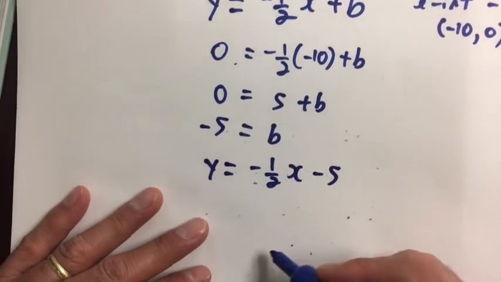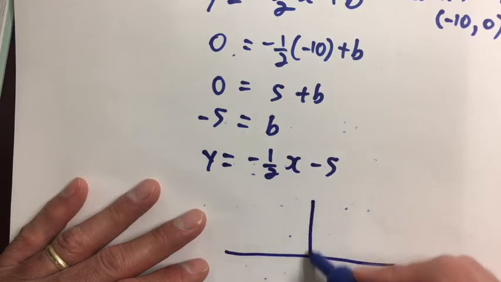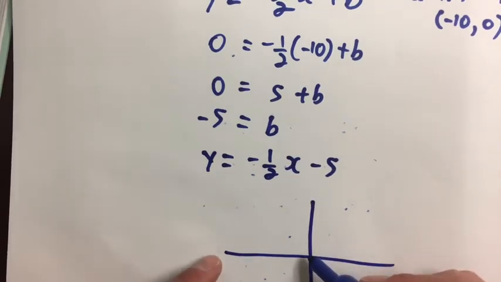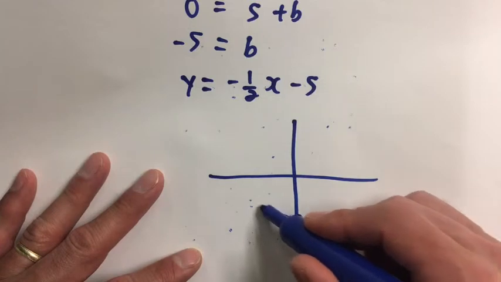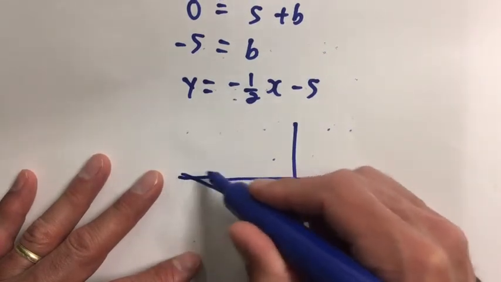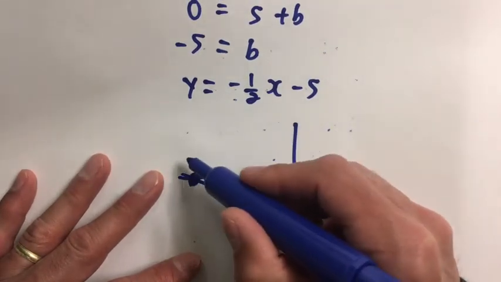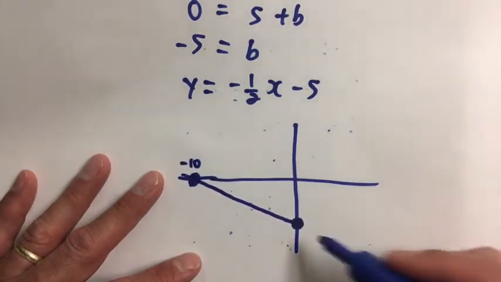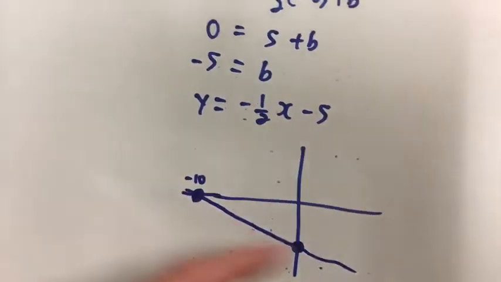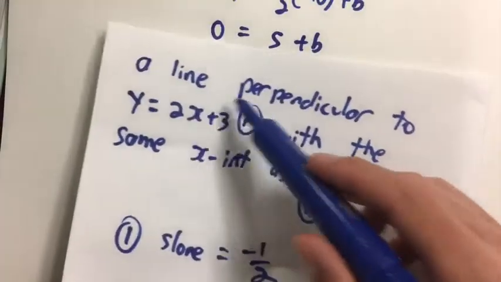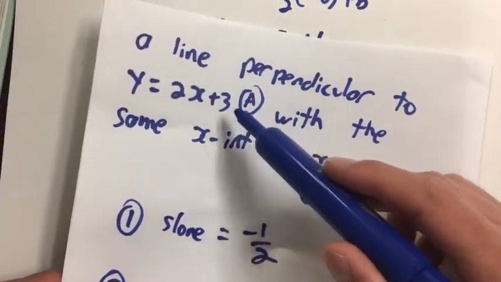Now let's look closely at this. We have a y-intercept of -5, and we have a slope of -1/2, which will bring us back this way to an x-intercept of -10. This line is perpendicular to y equals 2x plus 3.